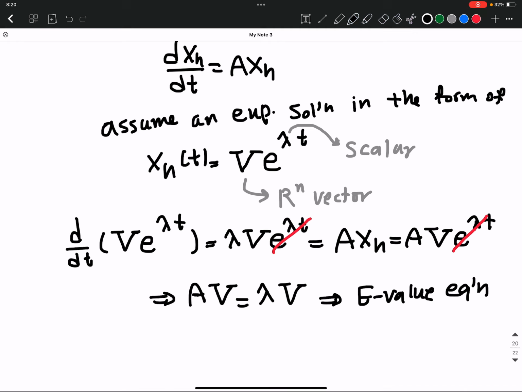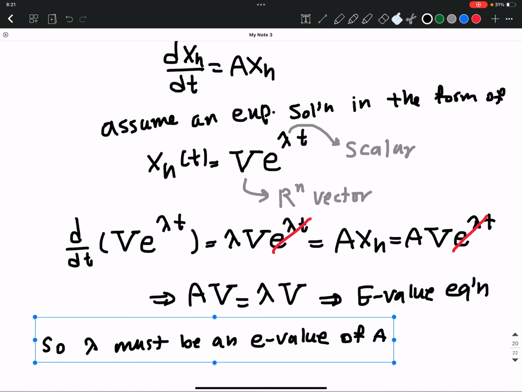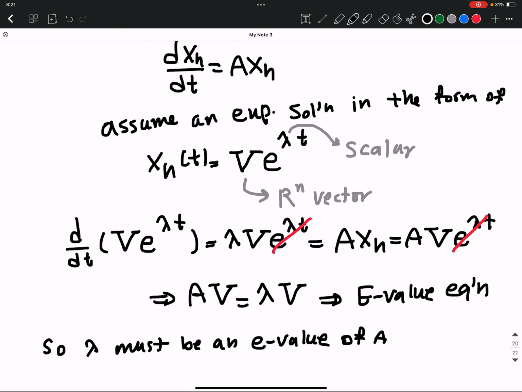So lambda must be an eigenvalue of A and v is its eigenvector.